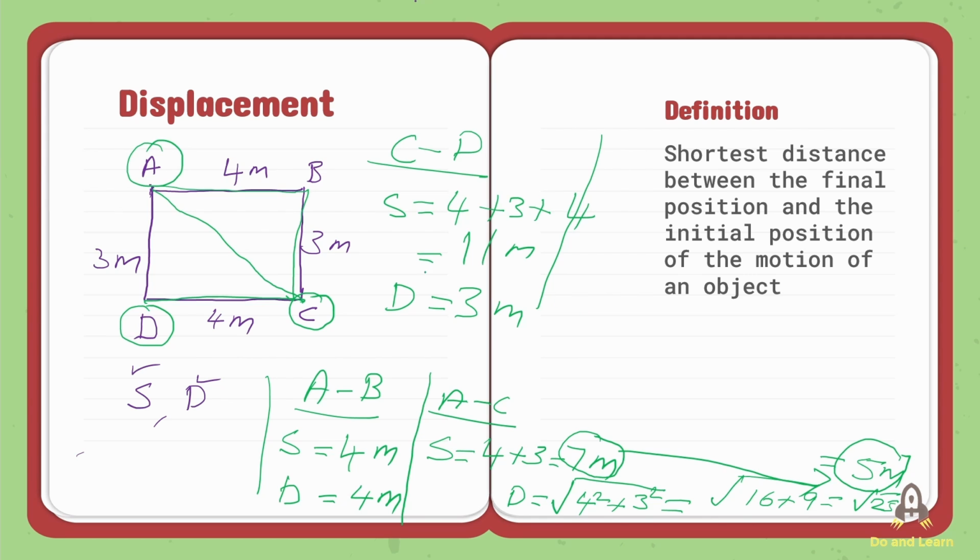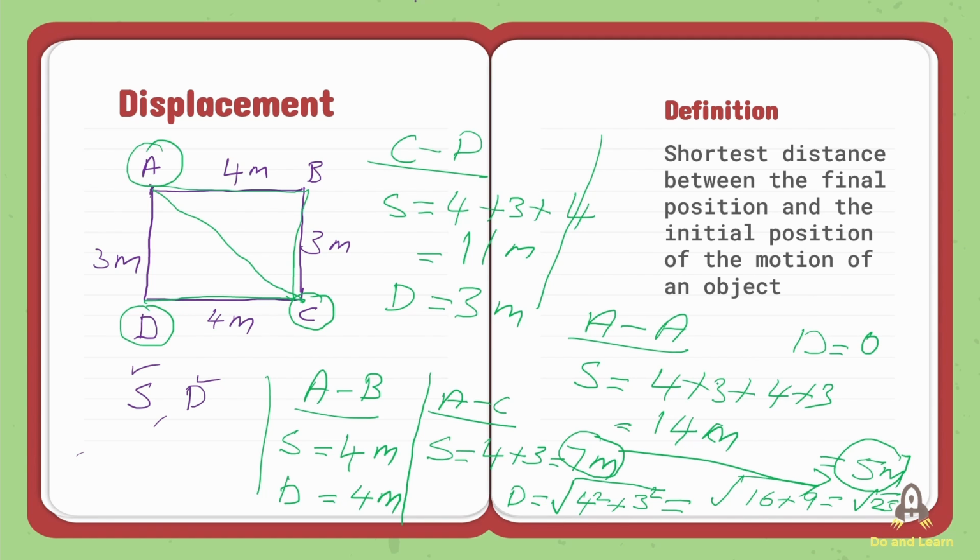Now he is coming back to the initial position. Now the distance from A to A along the rectangular path is equal to 4 plus 3 plus 4 plus 3. 4 plus 3 is 7, 7 plus 7, 14 meter. But what is the displacement? Displacement is the shortest distance between initial and final position, so there is no distance. We can say that it is 0.